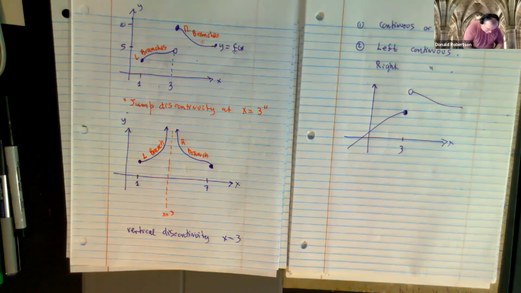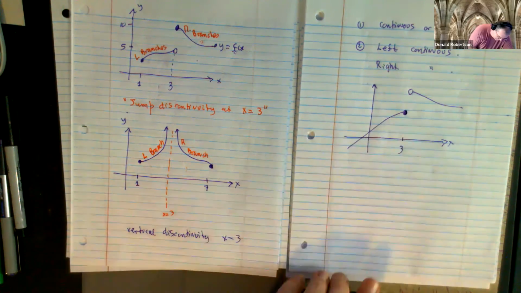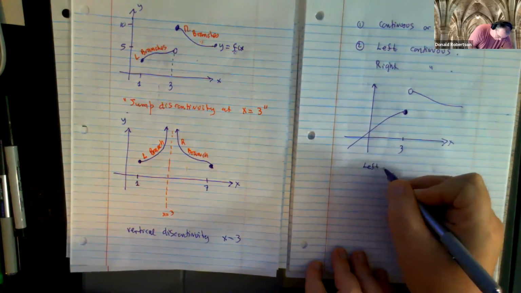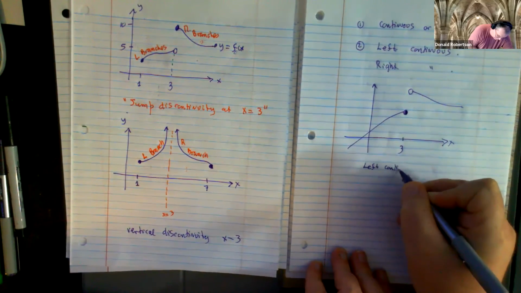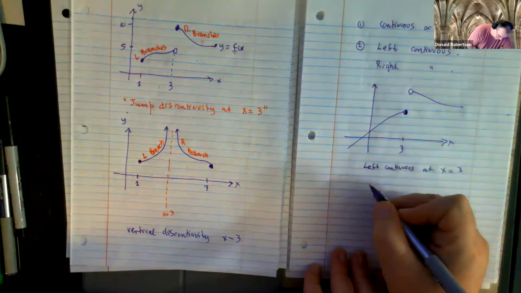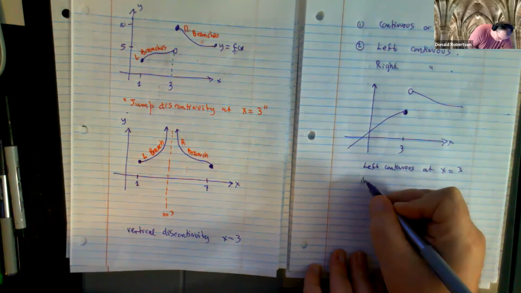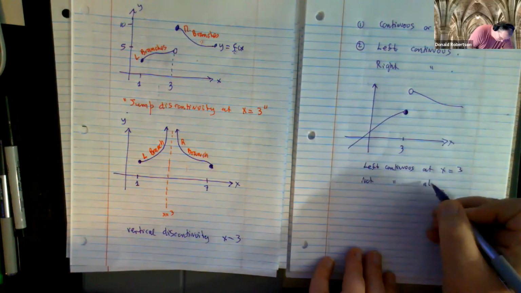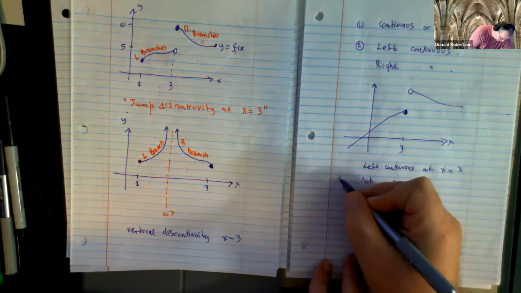This curve is left continuous at x equals 3, but it's not continuous on the right, I should say.